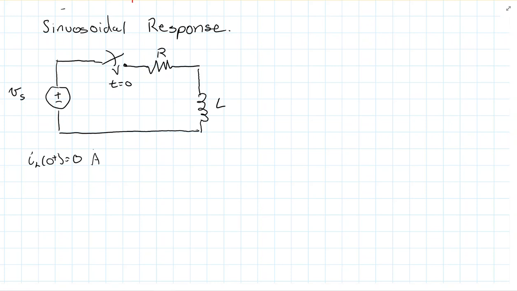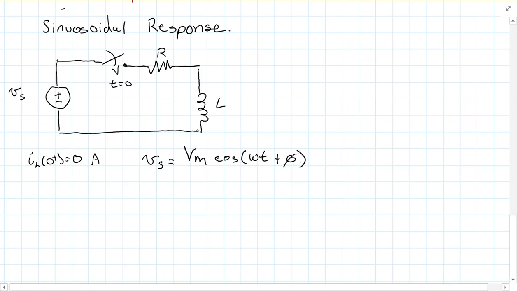And then my Vs in this case, well, we're studying sinusoidal responses. So my sinusoidal source here is Vm, just like we had in the previous lesson, cosine(omega t plus phi). So that's what we're going to be looking at as far as my analysis here.